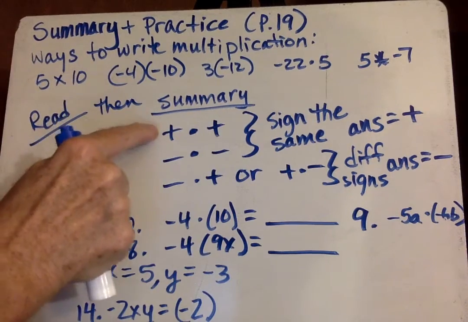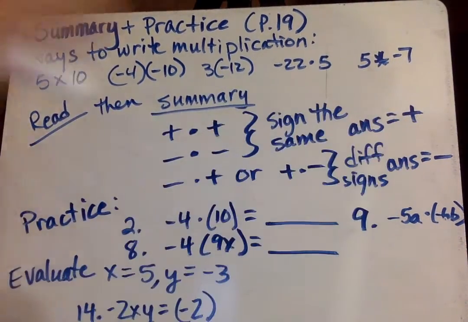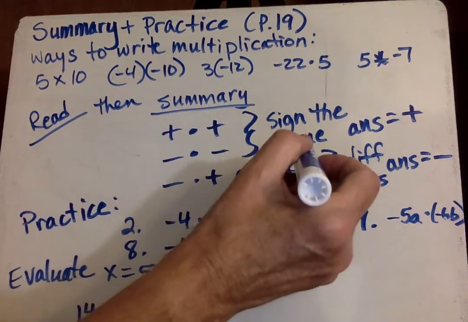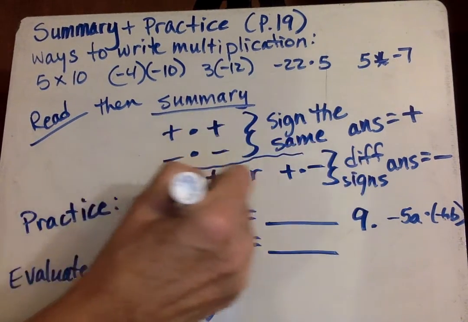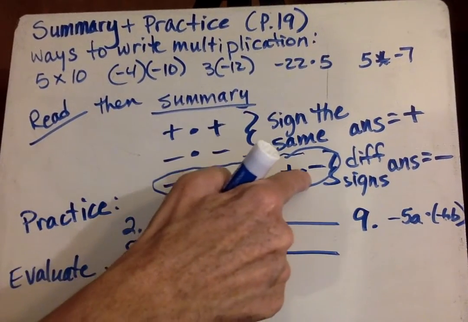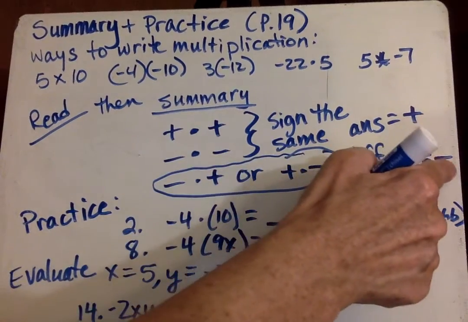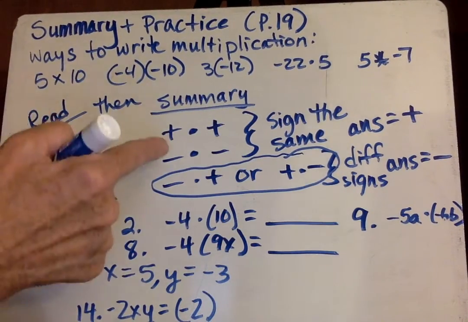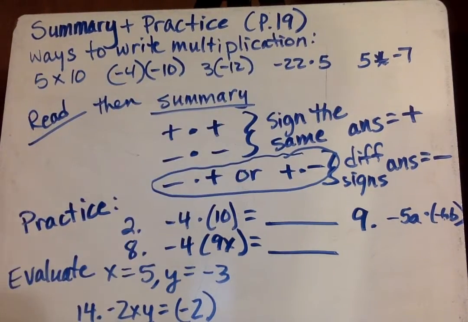So in multiplication, if the signs are the same, your answer is positive. But if your signs are different, like if you have negative times positive or positive times negative, then your answer is a negative, okay? So that's how you know. Signs the same, positive. Signs are different, negative.